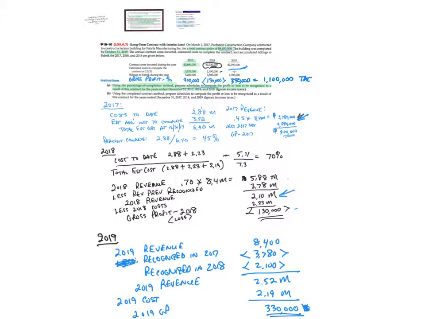Let's back that up. Total gross profit, which is, if you add these three numbers across, let's just do that for grins, 2.88 plus 2.23 plus 2.19, that's 7.3 million.